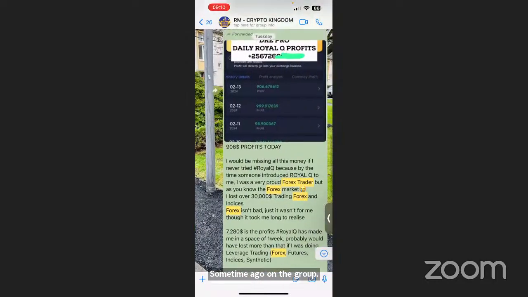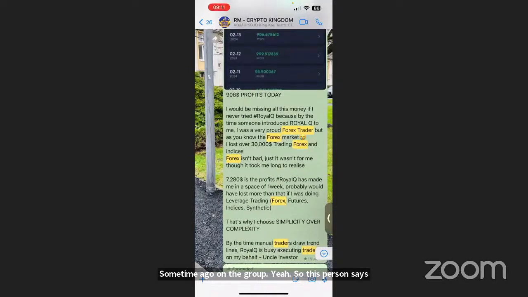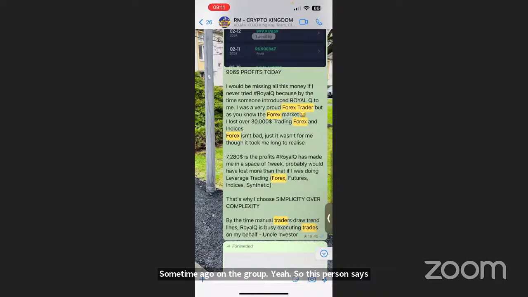Yeah. So this person says that he made $906 on 13th of February. I'd be missing all this money if I never tried Royalq, because by the time someone introduced Royalq to me, I was a very proud forex trader. But as you know, the forex market, I lost over 30,000 trading forex and indices.